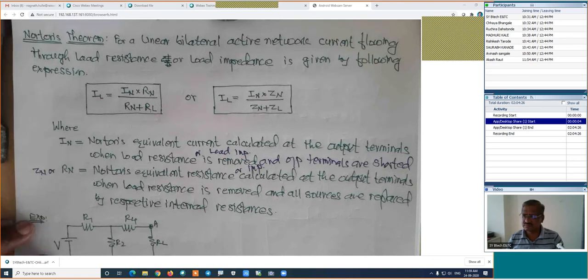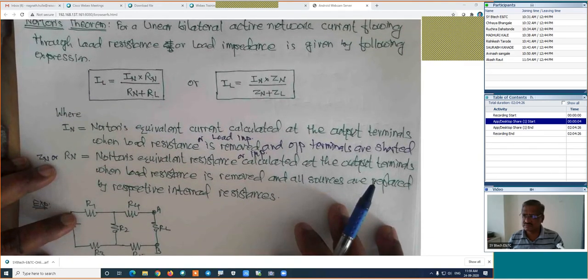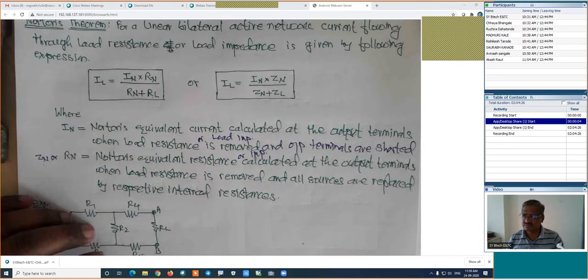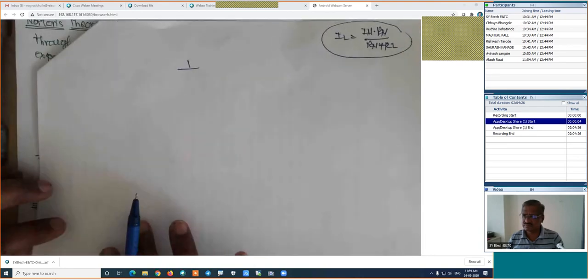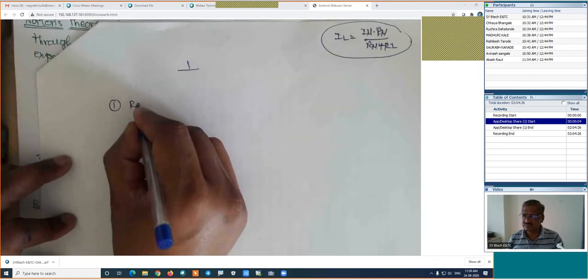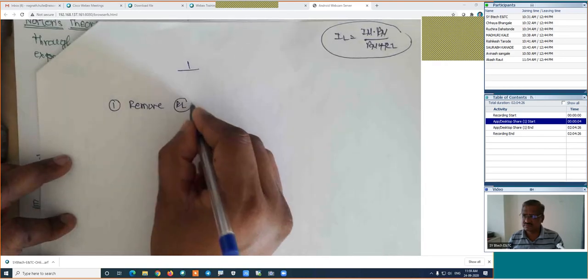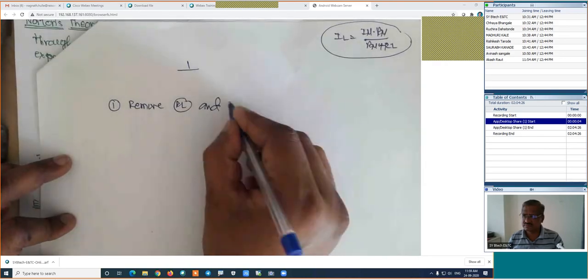The problems based on Norton's theorem can be solved in 4 steps. I will discuss the steps, but while solving the problems, we will not mention the steps. What is the first step? First step is remove the load resistance and short the output terminals.